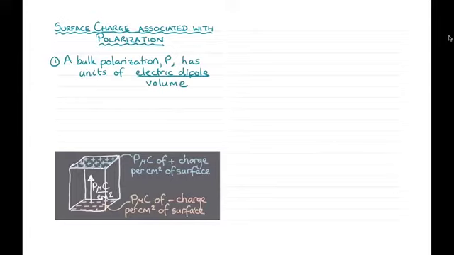And electric dipole, of course, has units of charge times distance. So this is equivalent to charge per unit area. And so we associate, just on a dimensional analysis, a surface charge with a bulk polarization.